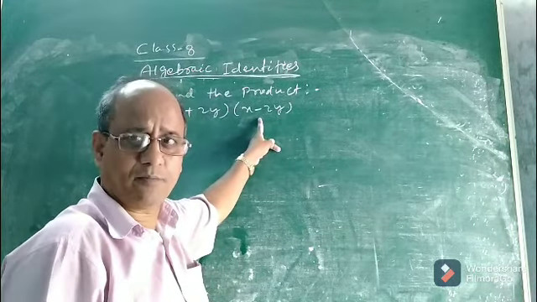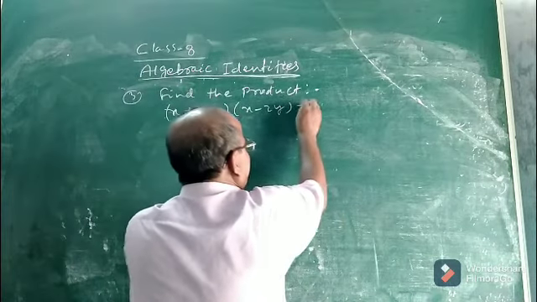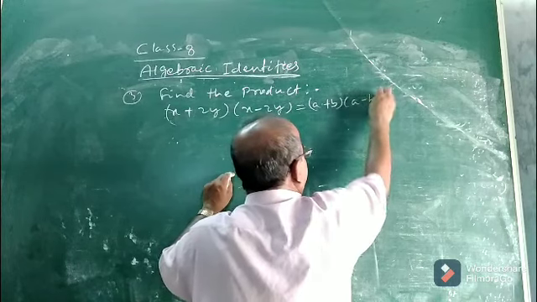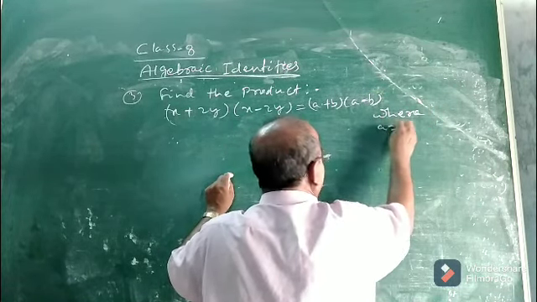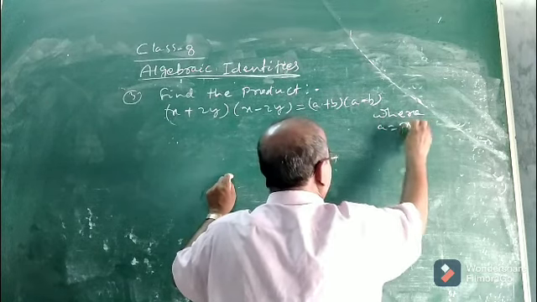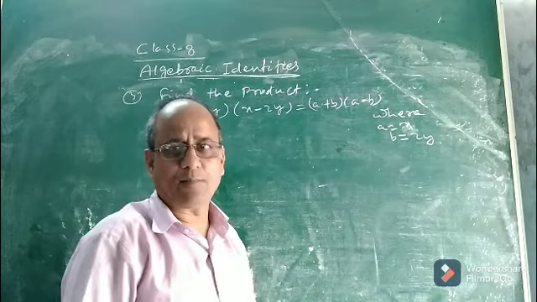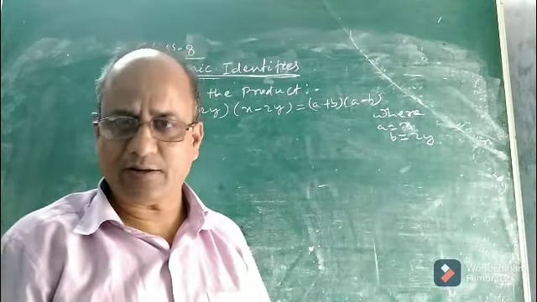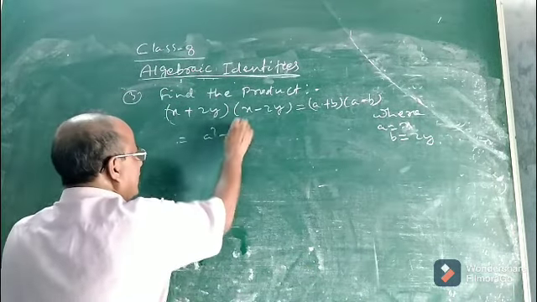So it is in the form of a plus b into a minus b, where a equal to x and b equal to 2y. And you know the formula for a plus b into a minus b? It is a square minus b square. Now you write the formula and put the values.